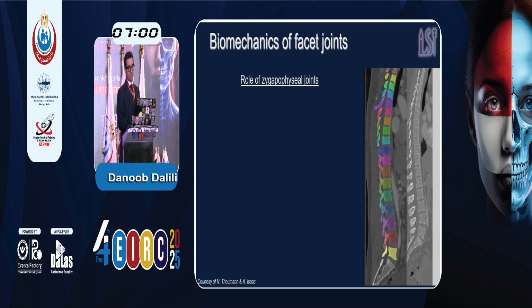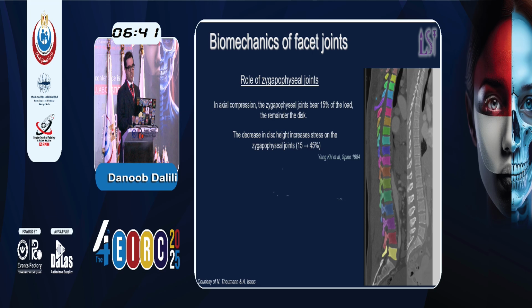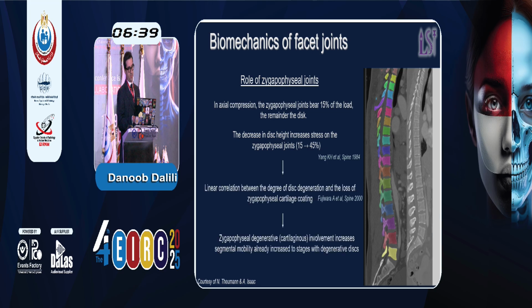The facet joints themselves, we know, bear 15% of the load on the spine, and 85% is absorbed by the disc. But this changes dramatically with degenerative disc changes, so it tends more towards 45% load on the facet joints. So there is a linear correlation between the degree of disc degeneration and loss of cartilage coating the facet joints.